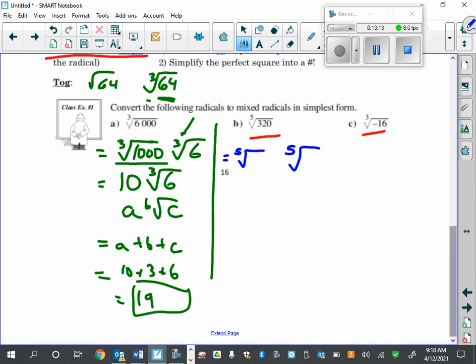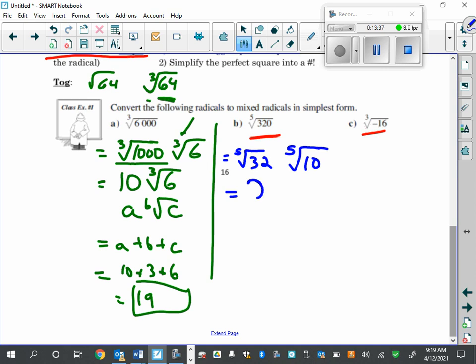I'm not going to try to get you to spend 20 minutes on a fifth root question, okay? So let's go 32. That's the easiest one. Who knows that? Well, hopefully you know it now, but if you don't, just do 2 times 2 times 2 times 2 times 2 on your calculator or your fingers and toes. And what's the fifth root of 32? What number times itself 5 times equals 32?